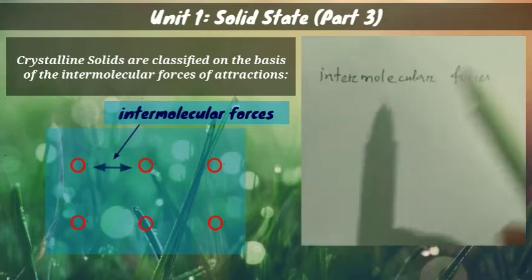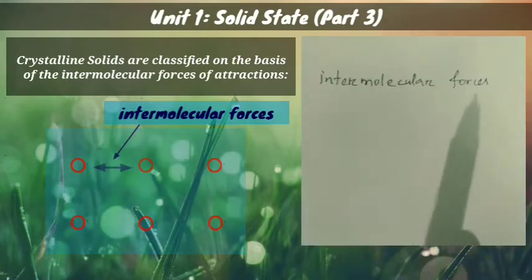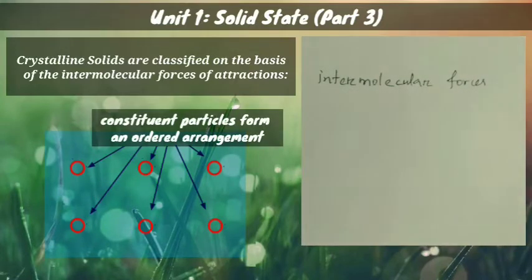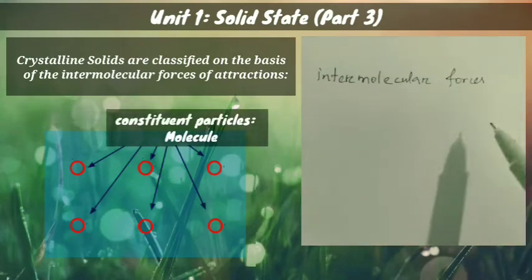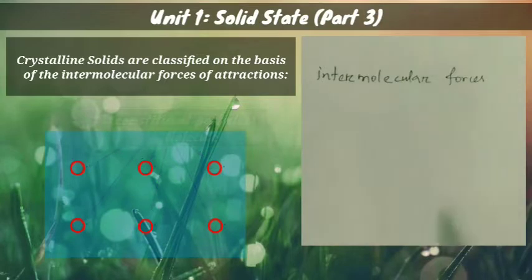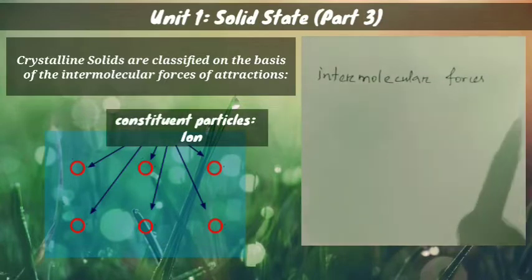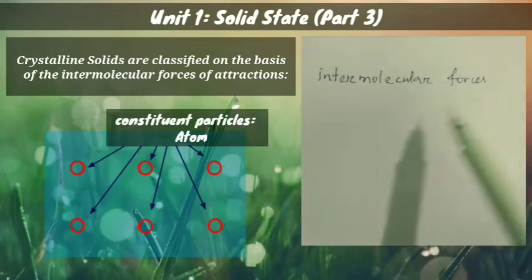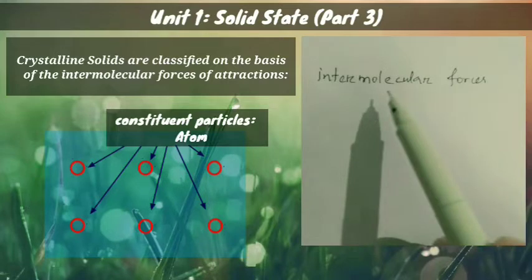We already know that in a crystalline solid there are constituent particles which form that ordered arrangement. But here the constituent particles may be molecules, ions, or even atoms. So the question is, what will be the intermolecular forces.